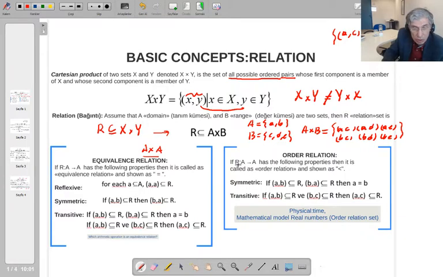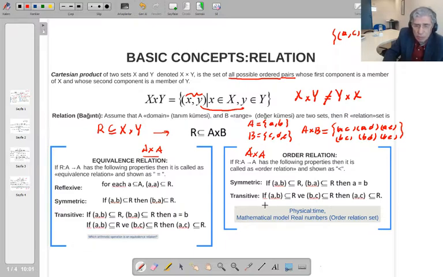You are defining the relation on set A once again, Cartesian product of A, and if the subset of this Cartesian product has those properties, not including the reflexive property, then it is called an order relation. Order relation is important.